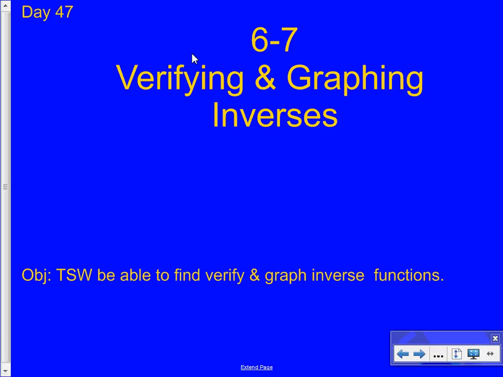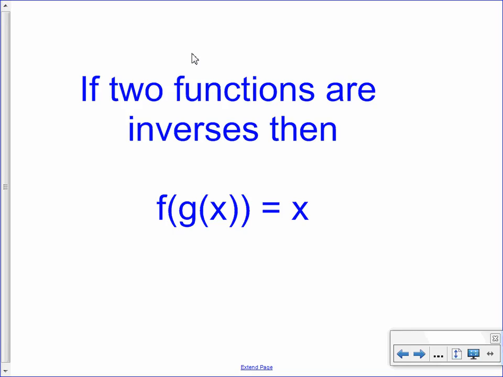If it's anything else, if it's x plus 72 or even a negative x, not inverses. So today you have two possible answers: yes, they're inverses, or no, not inverses. If you compose two functions, say f and g, and the answer is just x, then they are inverses.